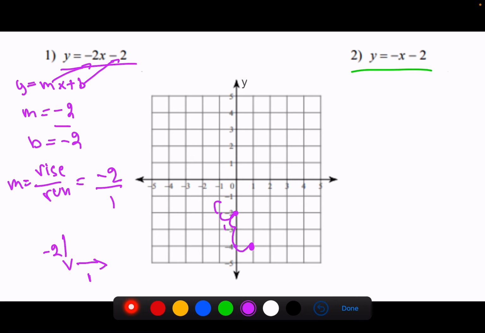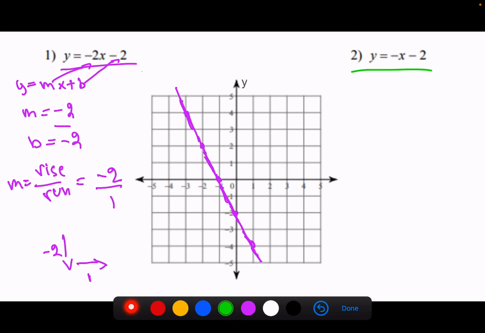Let me just do it neater without those marks. We go like this, then like this, then like that, and now we can graph our line, which is going to go something like that. So this is how I would draw the line.